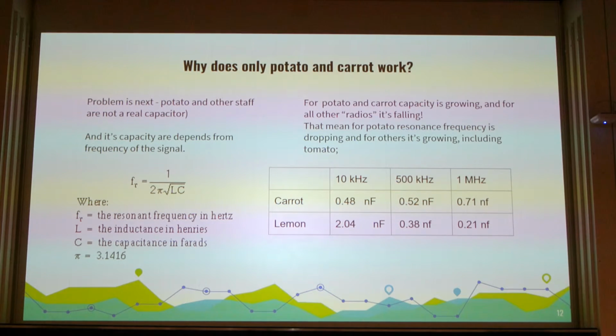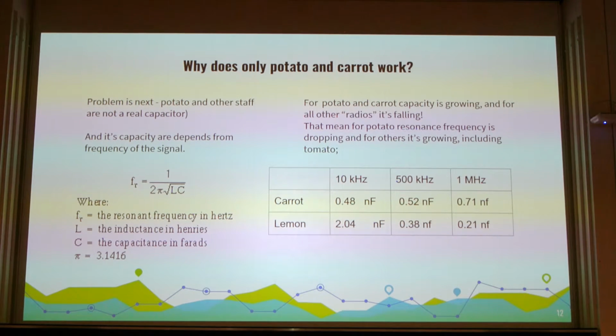For the lemon, it's falling. For everything that has electrolyte in it, the capacity was falling. What does it mean? The calculation for resonant frequency depends on the capacity. If capacity is growing, the resonant frequency is going down. But if it's dropping, it's going up.